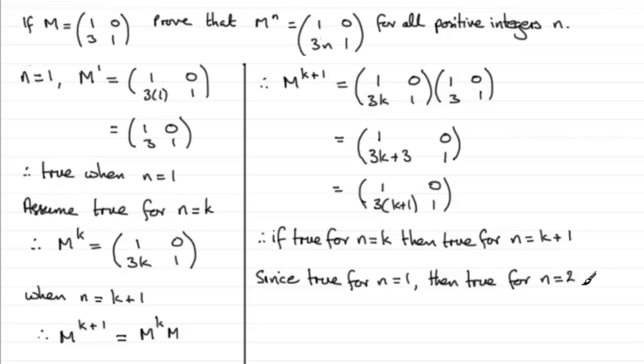And if true for n equals 2, it must be true for the next one up from 2, 3, and so on. So in other words, it therefore must be true for all positive integers, so for all n a member of the positive integer set.